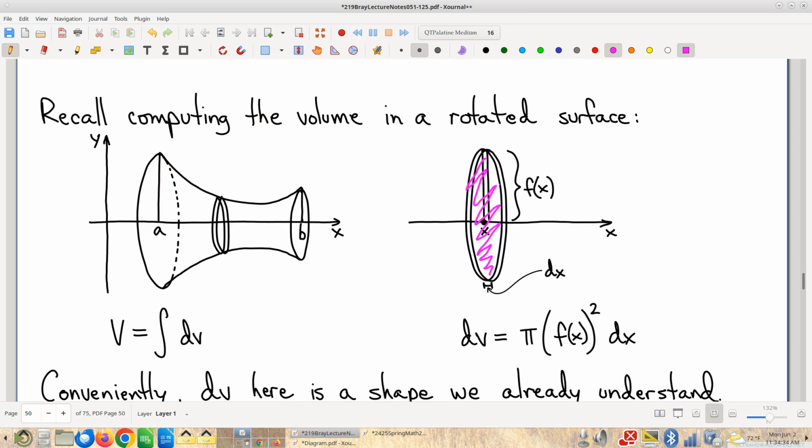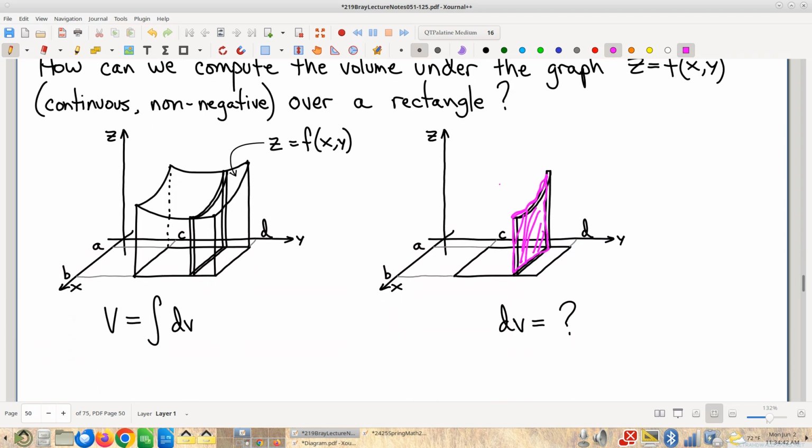It's a disk, and disks are easy areas. Pi r squared problem, and then off we go. Here, that's a weird shape. It's not a rectangle. It's not a triangle. It's not a disk. It's not a thing that we saw in high school geometry class. And so, this is why they don't continue with this calculation in single variable calculus classes.